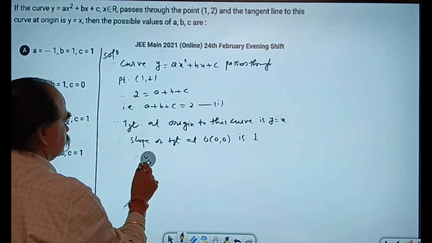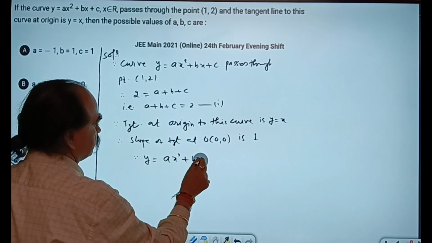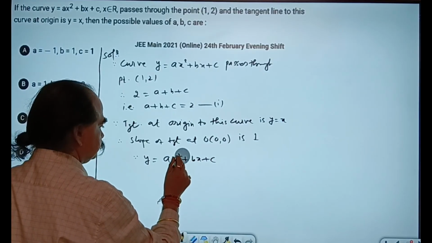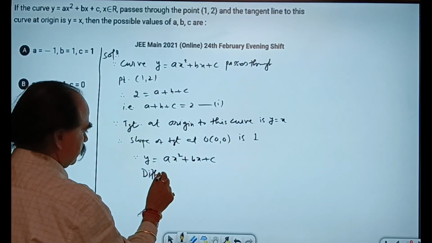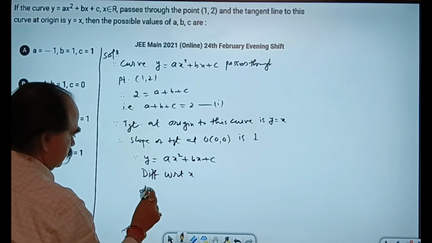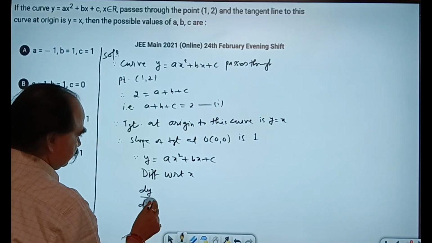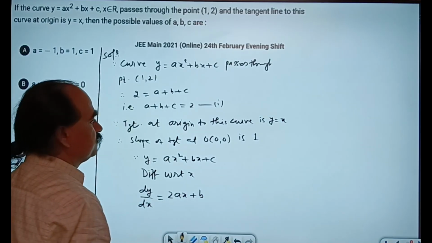Since y is a x square plus b x plus c, differentiating with respect to x, dy by dx is equal to 2 a x plus b.